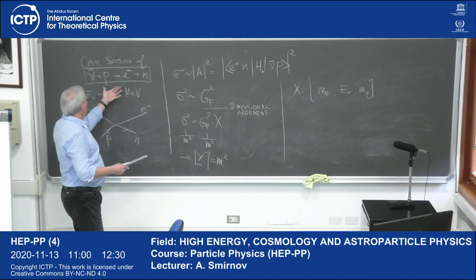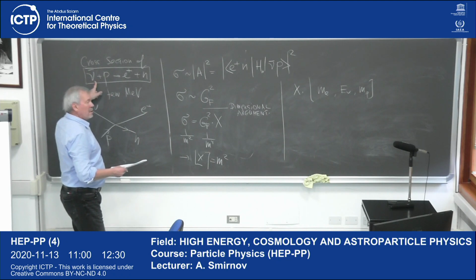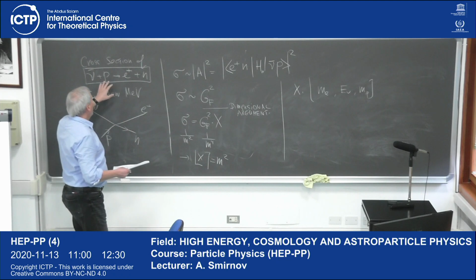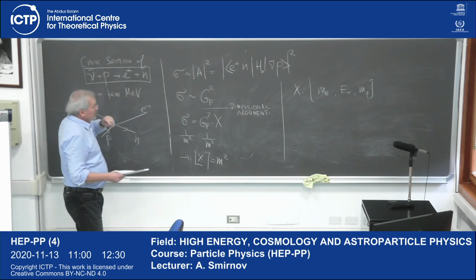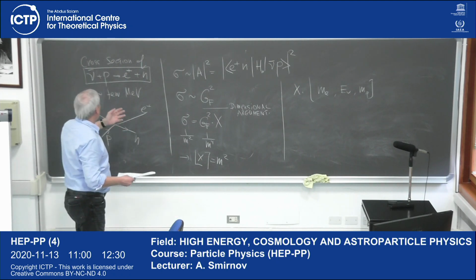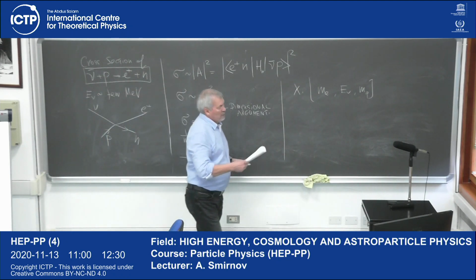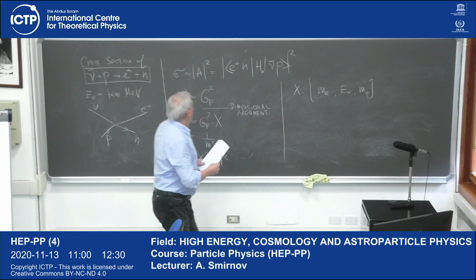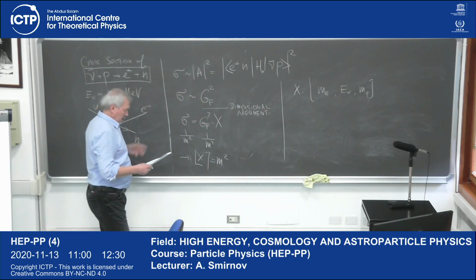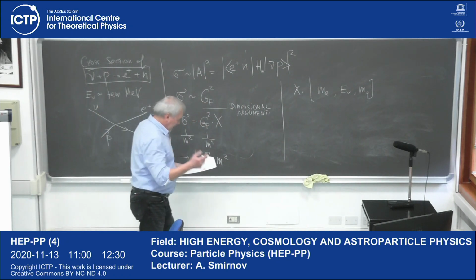In the scattering, this is the energy of the neutrino, the mass of the proton, so the proton is at rest, roughly speaking, and the mass of the electron, which appears here. Of course, you can say that also the mass of the neutron is important. Okay, we can do this also.